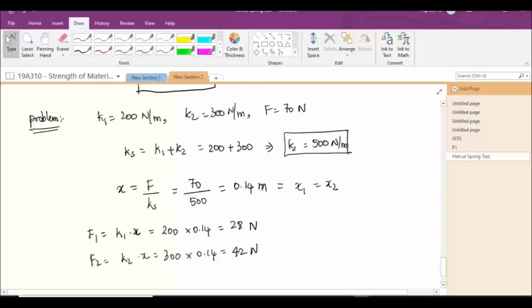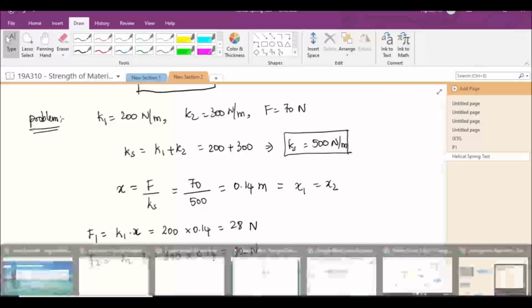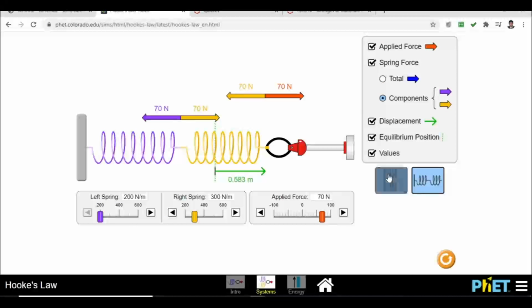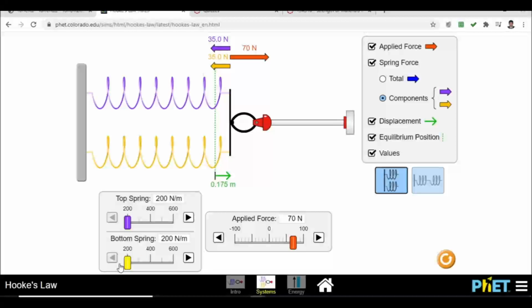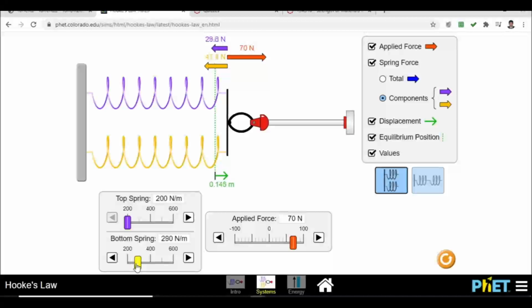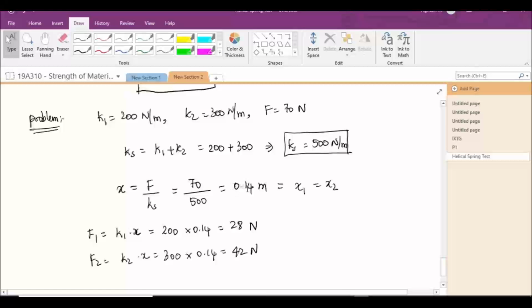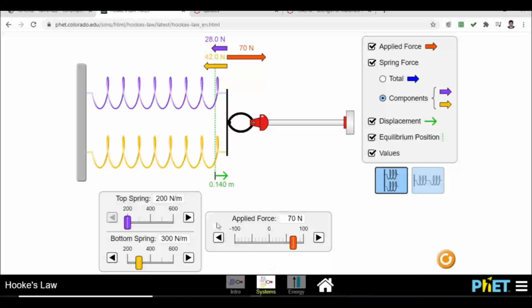Okay, so let us check these values in the simulator. In the simulator, I'm taking two springs in parallel and applying stiffness of 200 and 300. I'm applying 300 Newton per meter stiffness for the second spring, and I'm applying a force of 70 Newton. As I apply the force, you can see the displacement is 0.14 meter, which is the same as the numerical result.